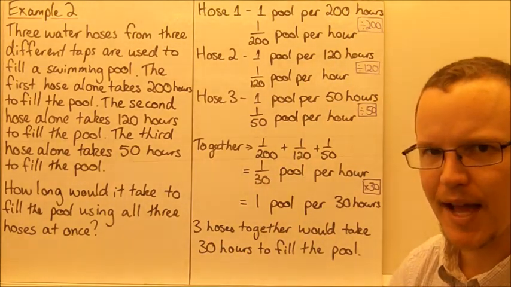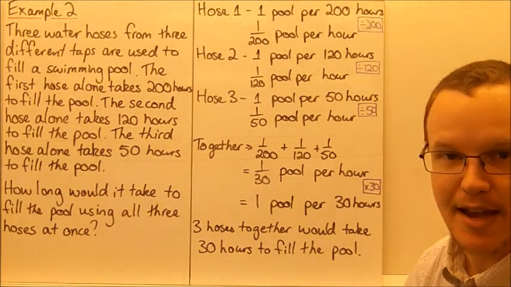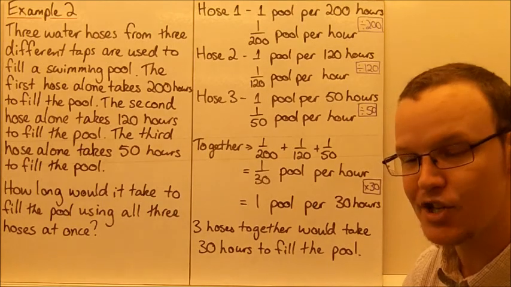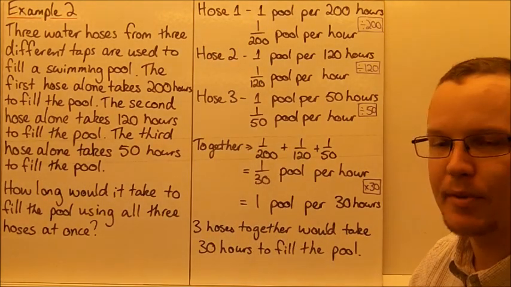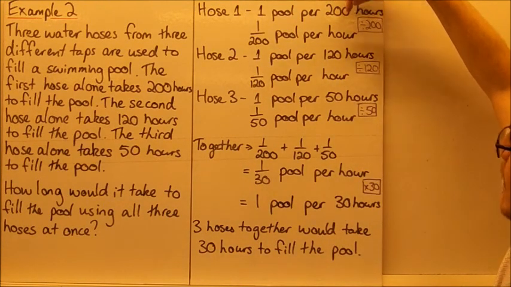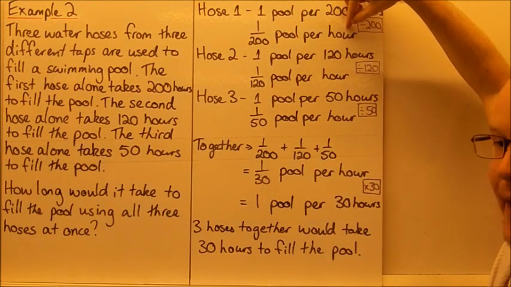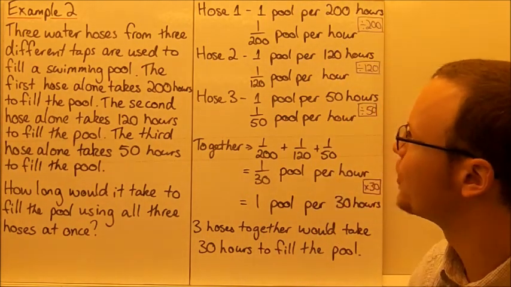So let's have a look at that per hour. Let's convert them all to per hour and we'll see how much of the pool each can fill in just 1 hour. So hose 1 can fill 1/200th of the pool per hour, and I did that by dividing the 200 hours by 200 to get 1 hour. 1 divided by 200 is going to be 1/200th.